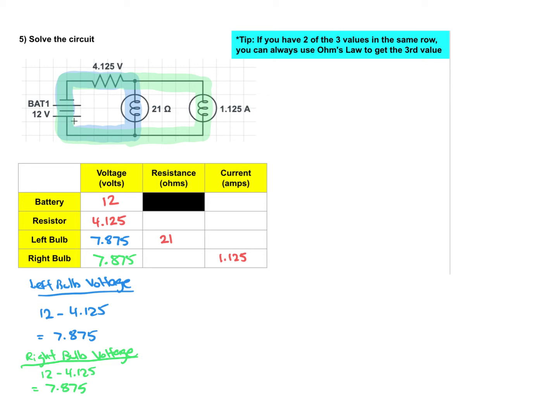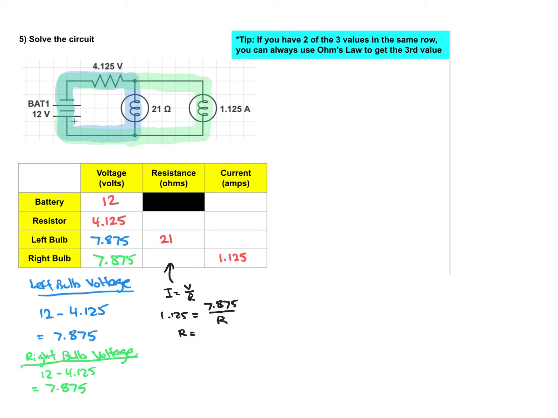All right, now doing that allows me to proceed to get the resistance of the right bulb. So I just put an arrow there. I can get that value because using my tip, since I know two values in that row, I can get the third value. So I equals V over R. 1.125 equals 7.875 divided by R. So a lot of decimals here, so you probably want to use a calculator.